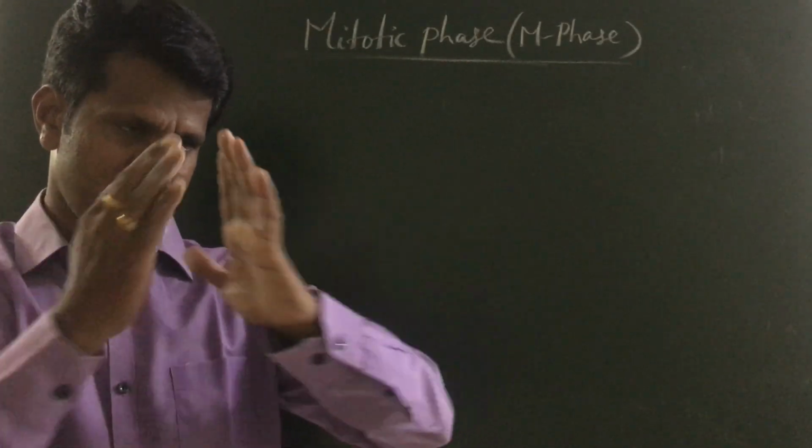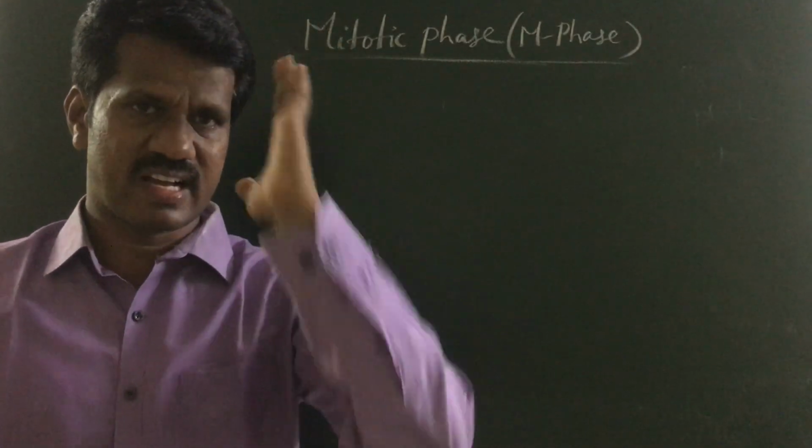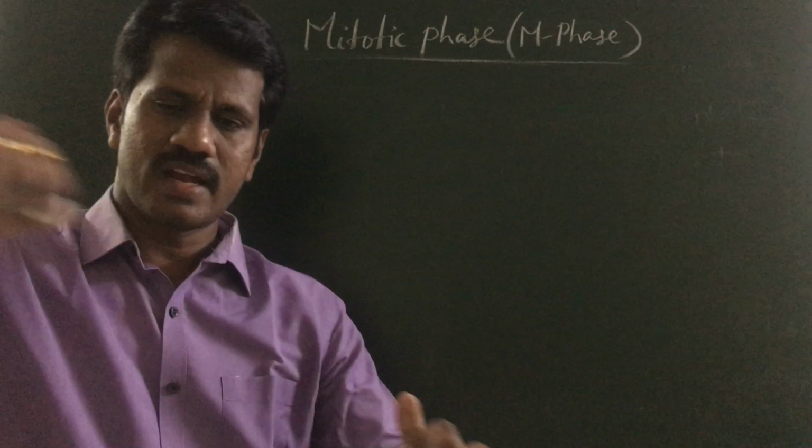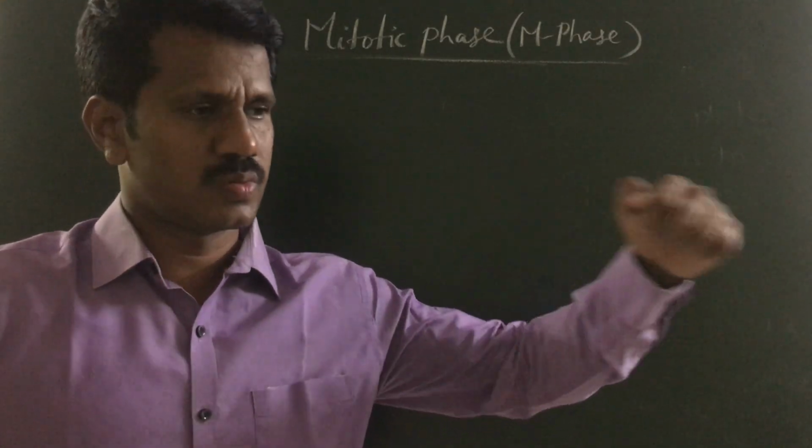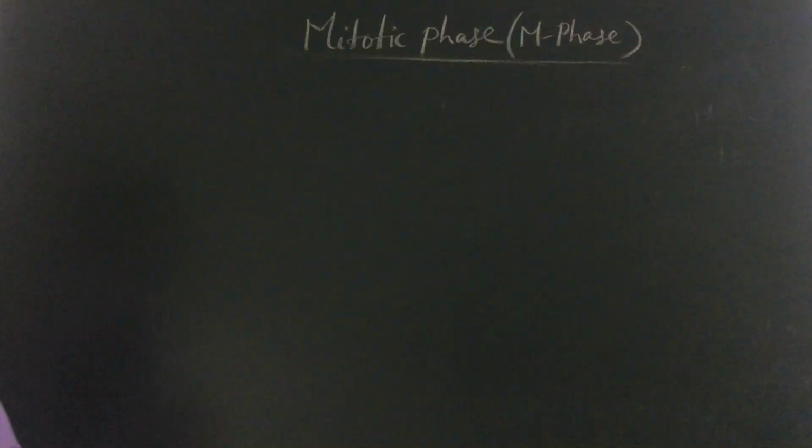When they pull, the chromatids will split. That means the centromere will cut into two equal halves. One kinetochore with one chromatid goes to one end, and the other kinetochore with the other chromatid goes to the other end. So the two chromatids get separated.